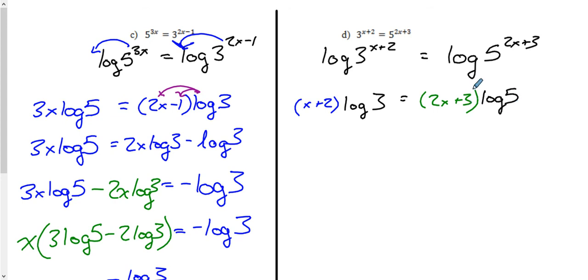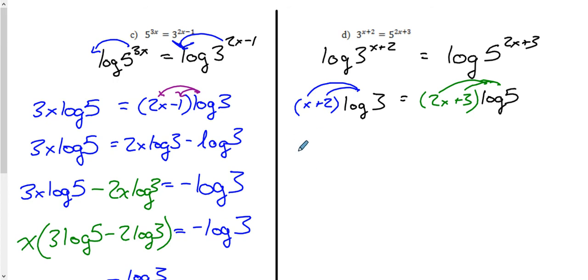And from here, I'm going to try my best to solve for x, but what do I need to do first? I need to distribute on both sides. So on this one here, I'm multiplying x to log 3 and 2 to log 3. On this side here, I'm multiplying 2x to log 5 and 3 to log 5. Okay, so I'm just showing you a bit of my distribution arrows.